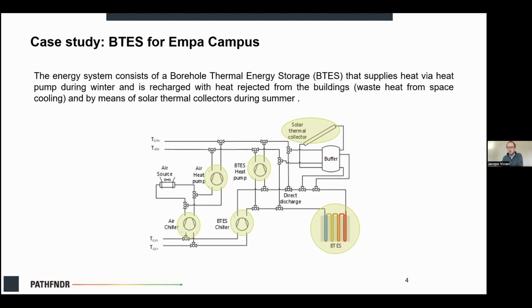So during summer, we can provide heat to the storage either with the solar thermal collectors or with the BTES chiller.